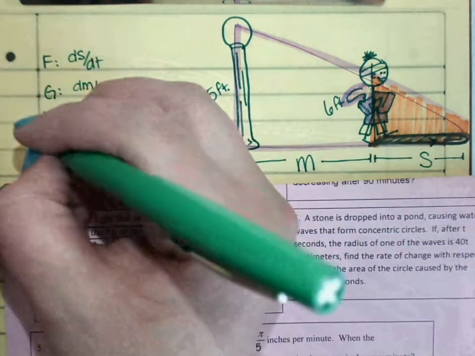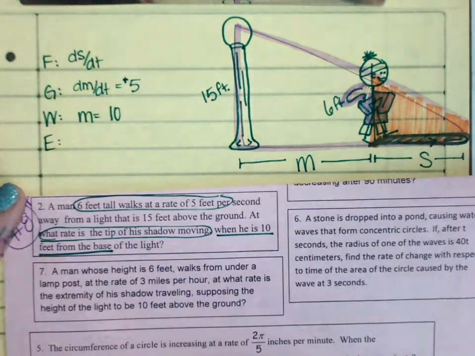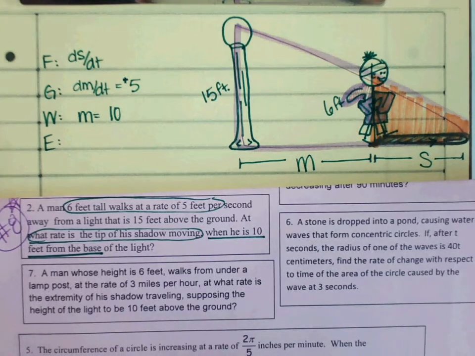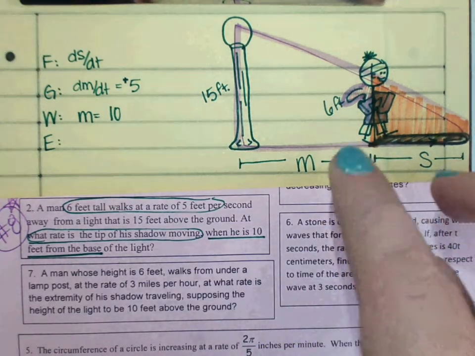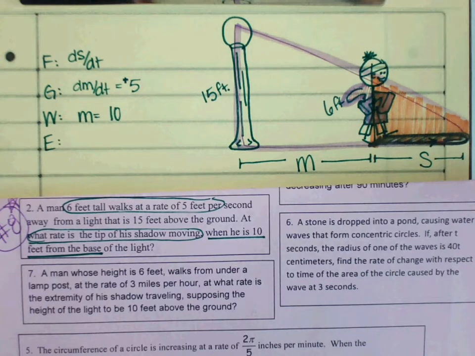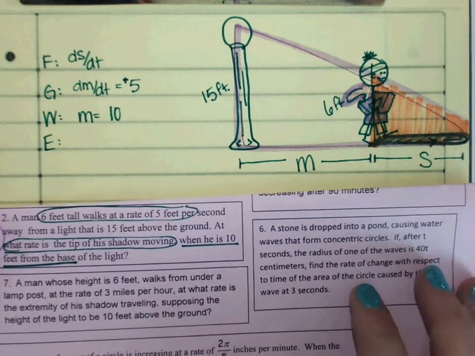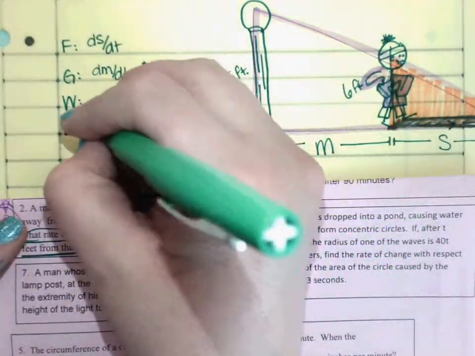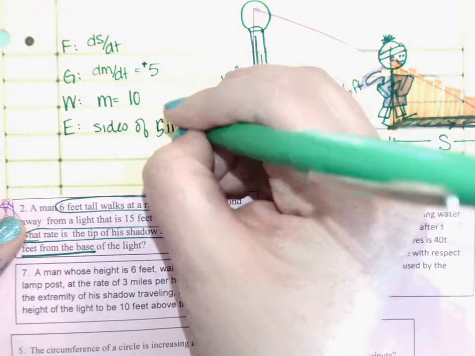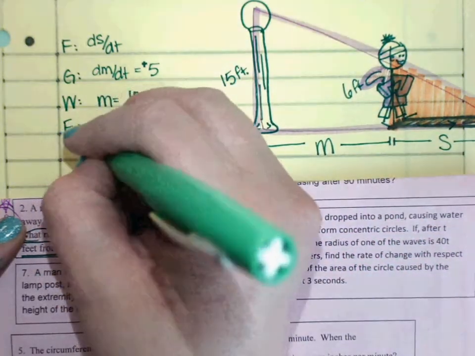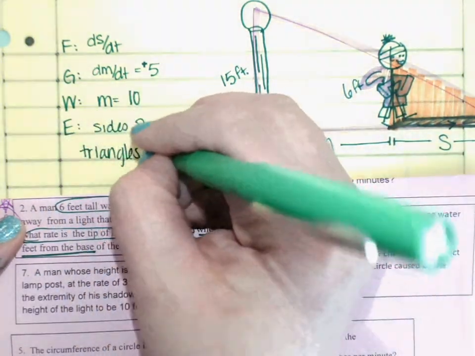Now, for my equation, you're going to have to use properties of similar triangles. Here's why. Pythagorean theorem is going to relate all three of these sides. I don't care about this side. I have two triangles that I need to relate to each other. What can you do with the sides of similar triangles? A ratio or a proportion. So I'm going to put sides of similar triangles are proportional.